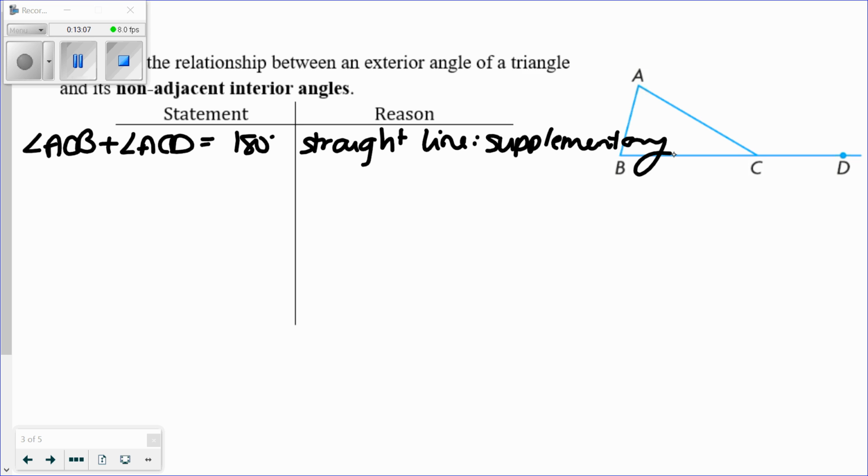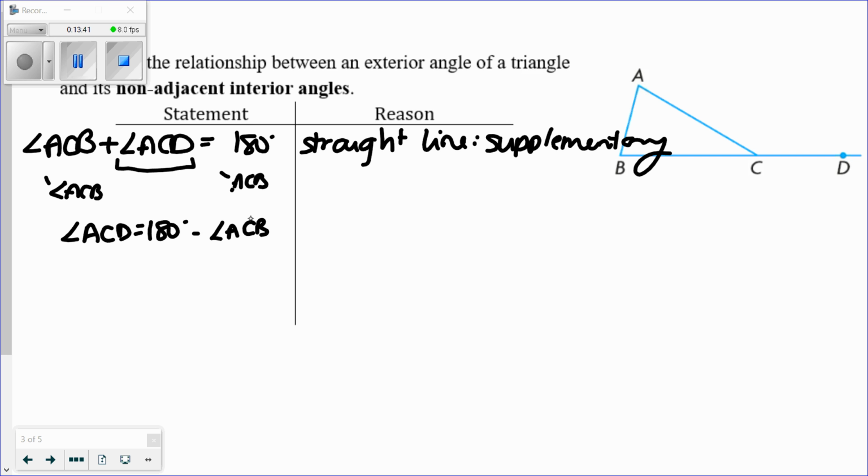So now I'm going to do something that's not going to make any sense now, but I'm still going to do it, and I'll show you why later. I'm going to rearrange this formula just to isolate this portion. To isolate that portion, I'm just going to subtract angle ACB from both sides. And so what I'm going to have is angle ACD is equal to 180 degrees, subtract angle ACB.